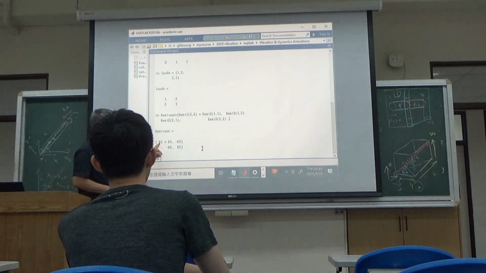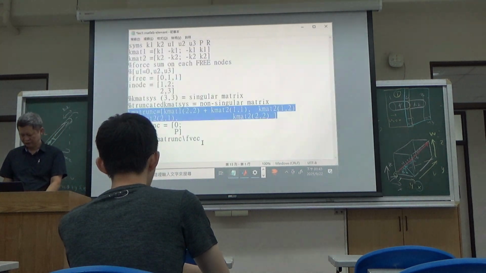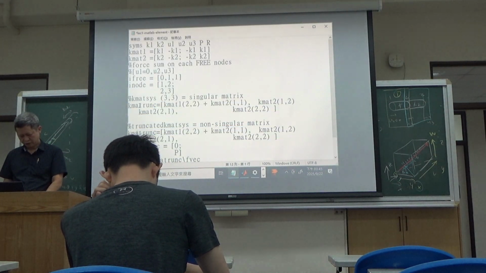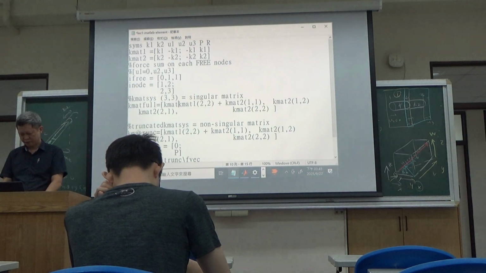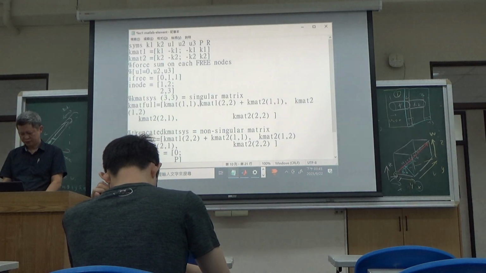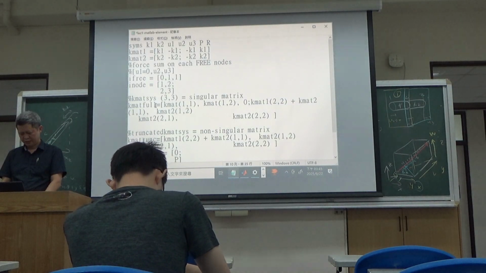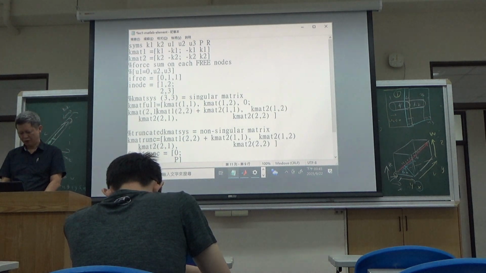So you see here, you have K1 plus K2, minus K2, minus K2. This is a truncated one. What was the full one? The full one was K-net 1, 1, K-net row 1, 0, and then the second row, K-net 1, K-net 2, 2.